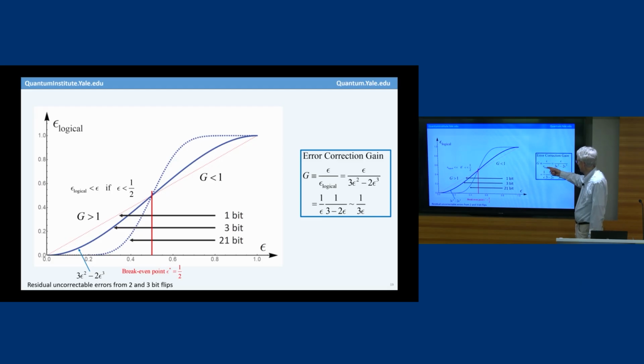If this is bigger than 1, that's good. You have error correction gain. So it's the ratio of this number to that number. Does that make sense? So that ratio gets huge way down here. It's very close to 1 at what's called the threshold, or the break-even point.